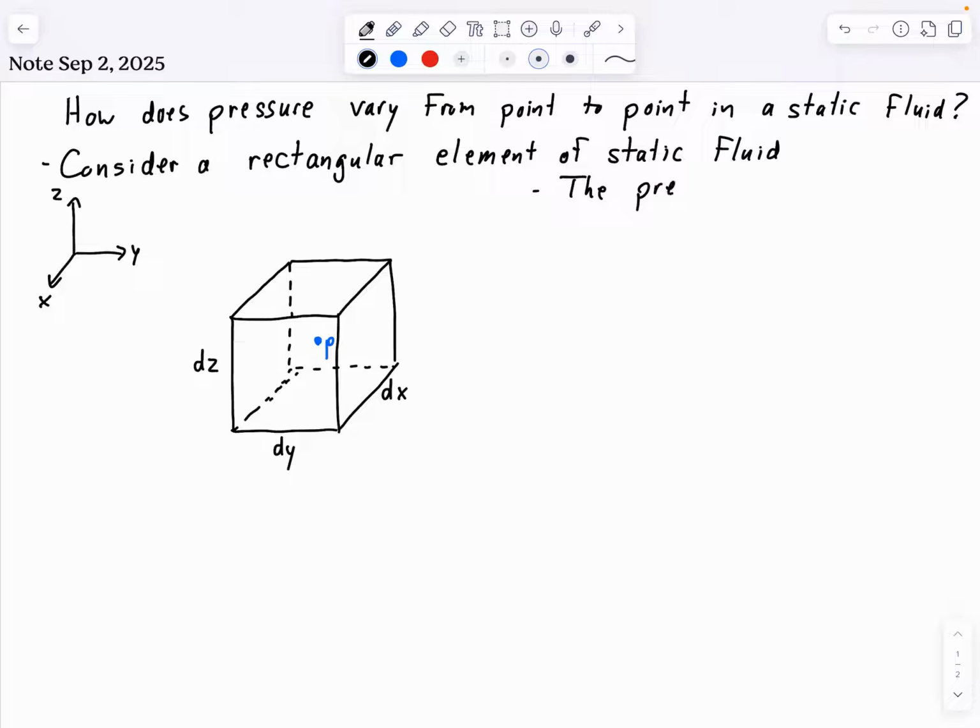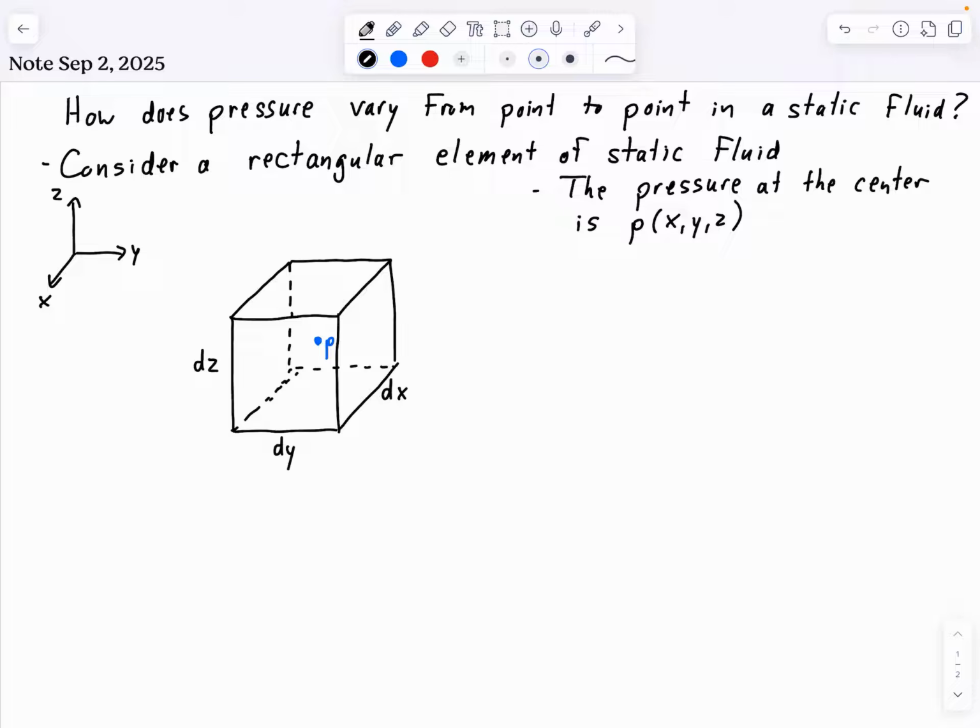The pressure at the center is P, and P is a function of x, y, and z, because we are considering how pressure changes with different directions and different areas.